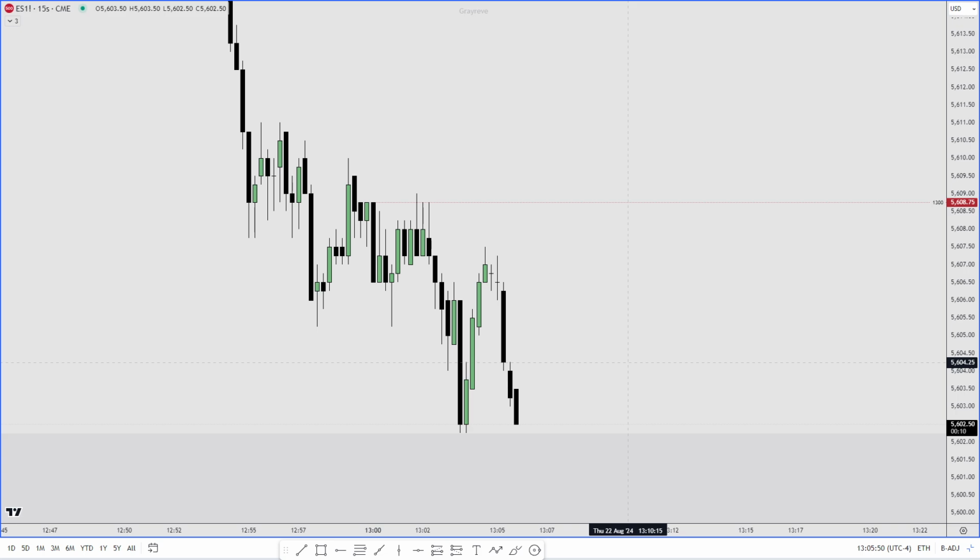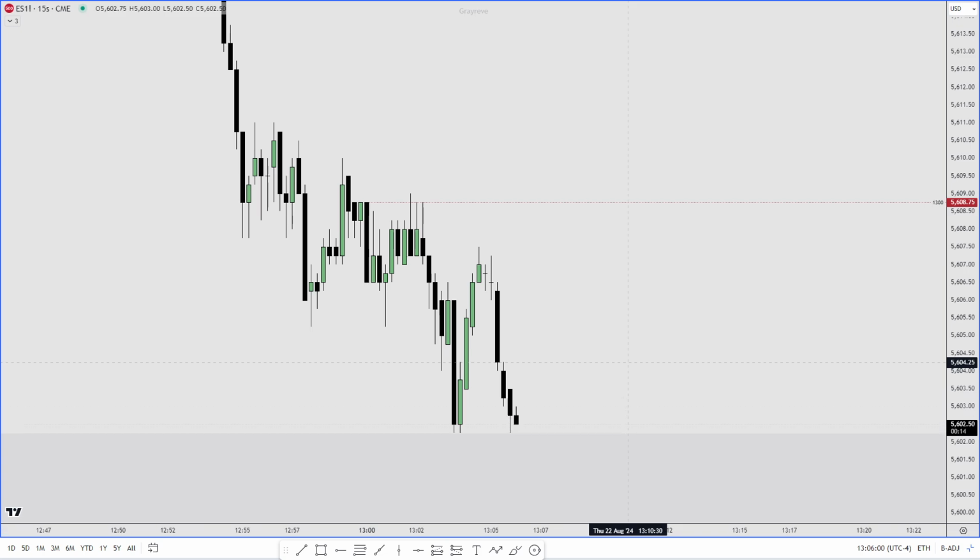Like what is it going to do now? And the other thing is that NQ has not made a lower low, so it might want to follow ES. Excuse me. Alright, so we have that step. Now let's see if NQ wants to follow through.